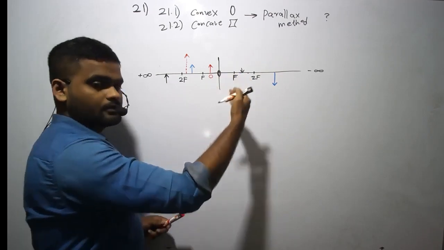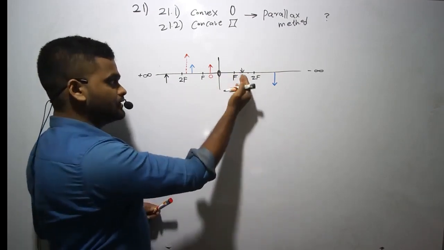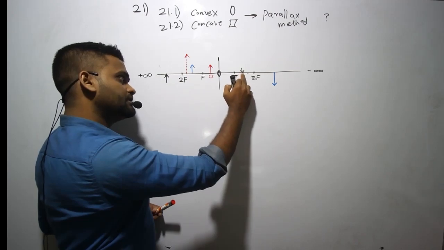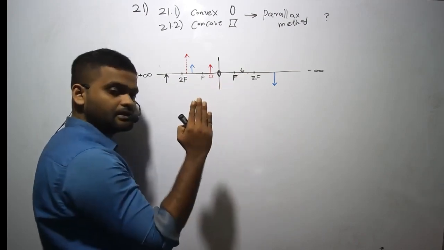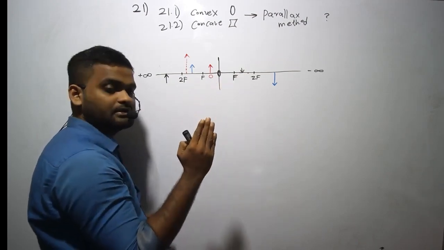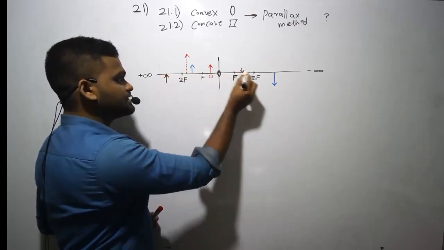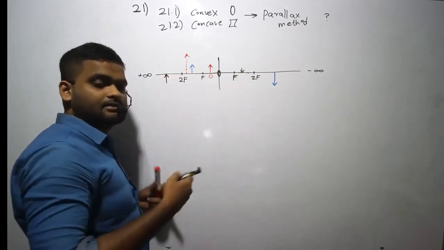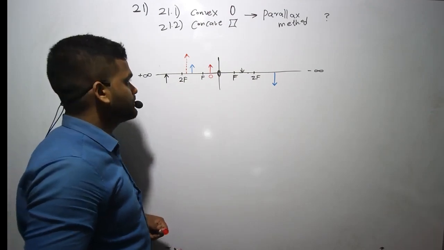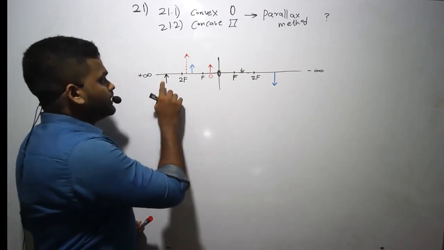When you are using a parallax method, you are going to use this tip to see whether the image and the object pin coincide. That's why you need to have these tips on the principal axis. You will understand as we discuss the experiment. Okay.